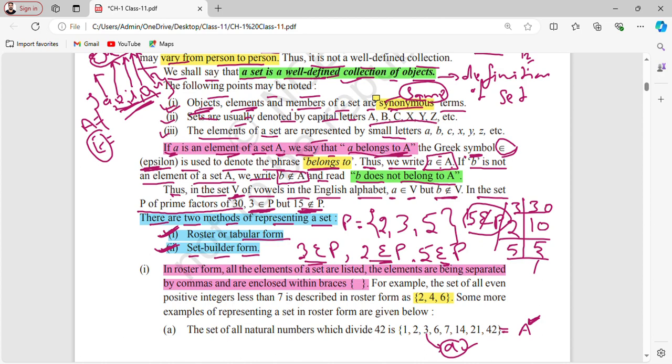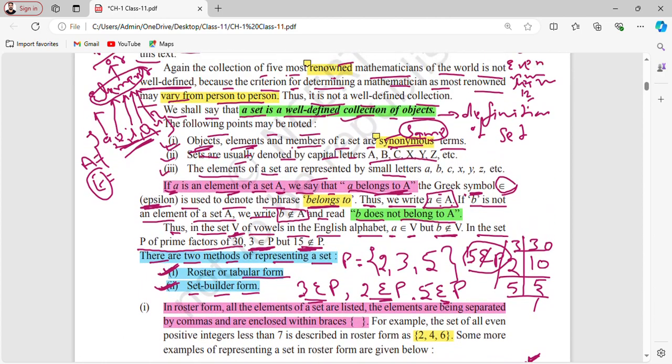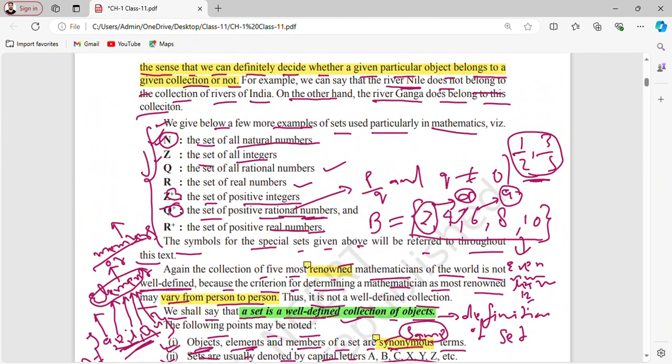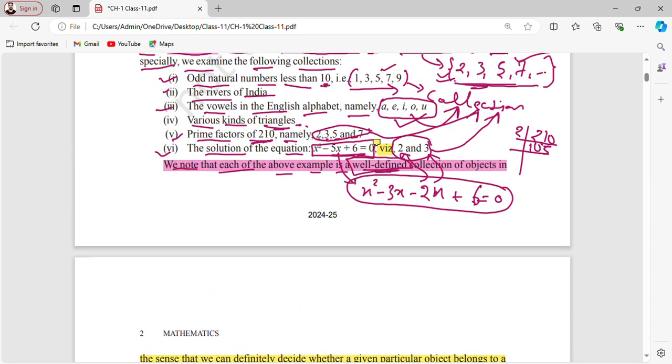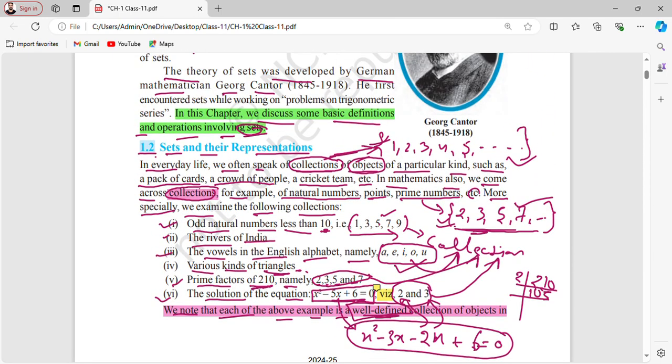I think you all understand the introduction of the set, what a set is, and how to write a set.